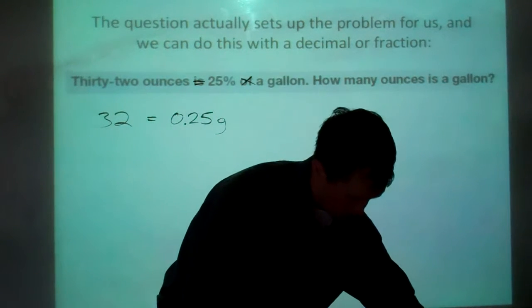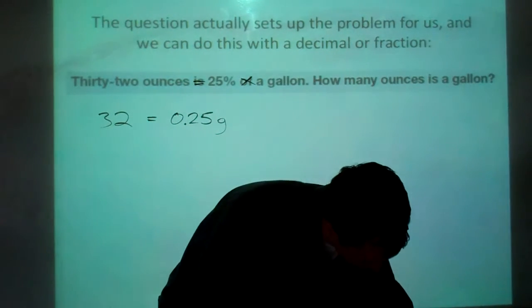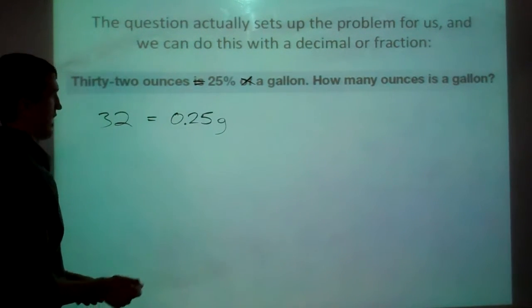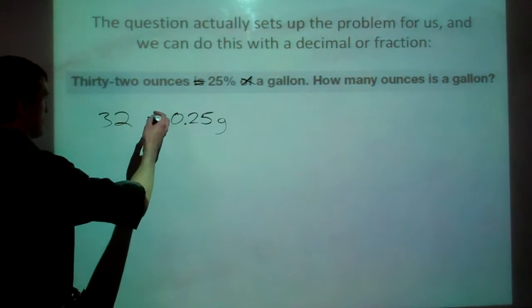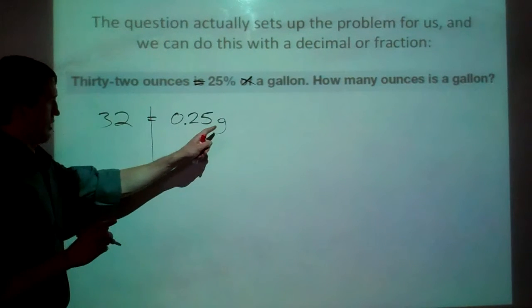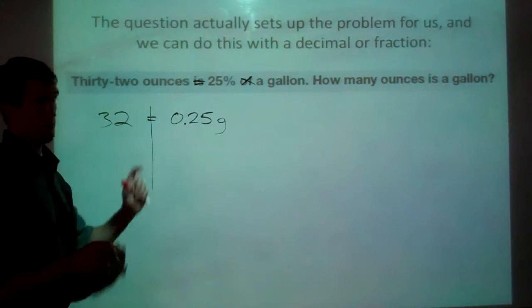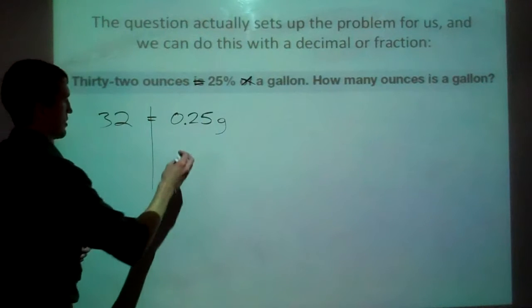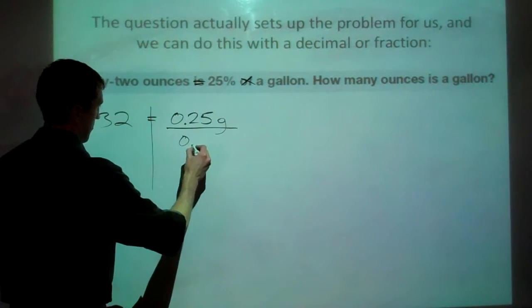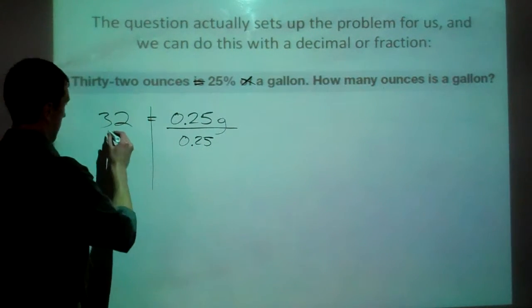Well, we have been doing two-step equations, so this one should be easy for us. To solve for a variable, we do the opposite of what's happening to it, and we do that on both sides. So we're multiplying by 0.25, which means we're going to divide by 0.25 on both sides.